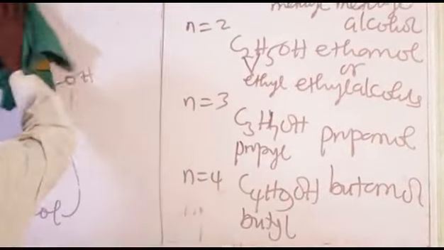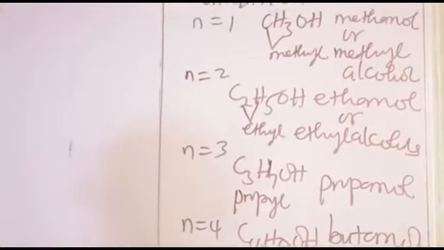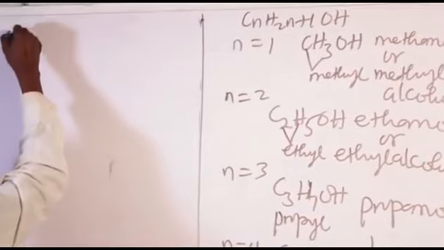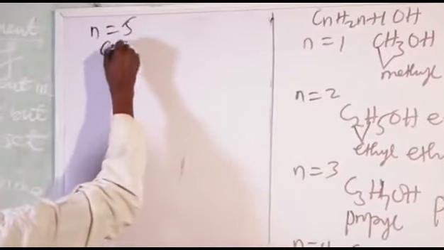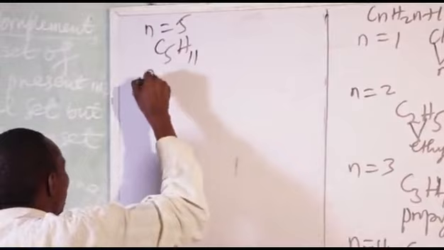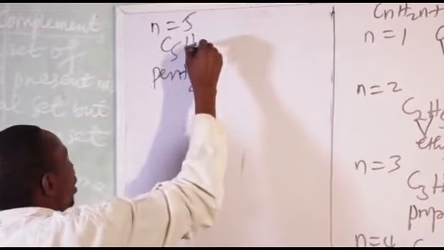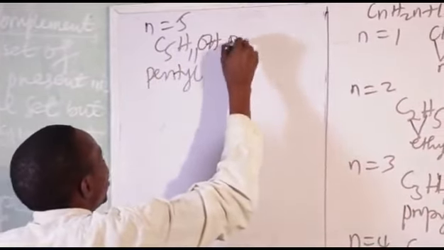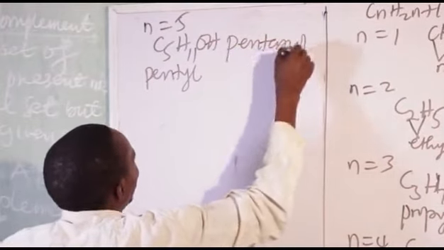C5H11 is pentyl. By the time you now add the OH, that is pentanol.